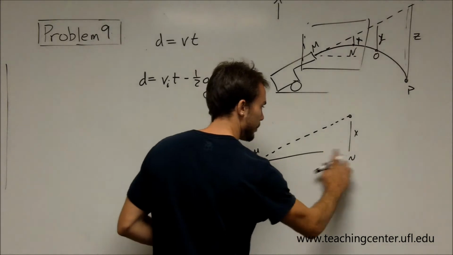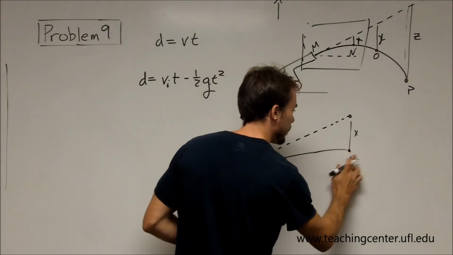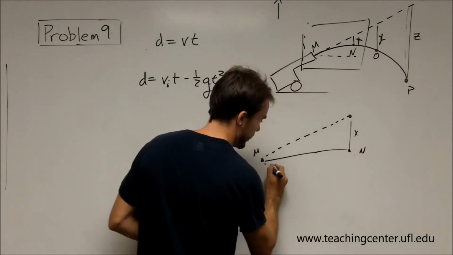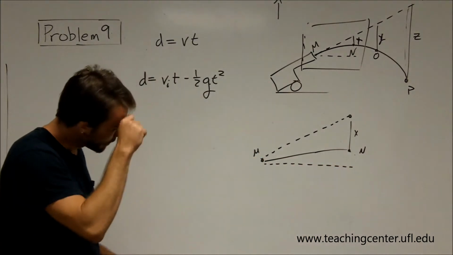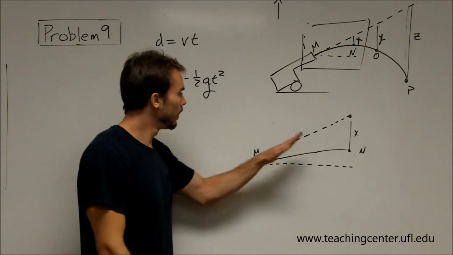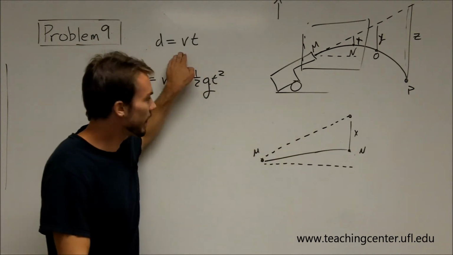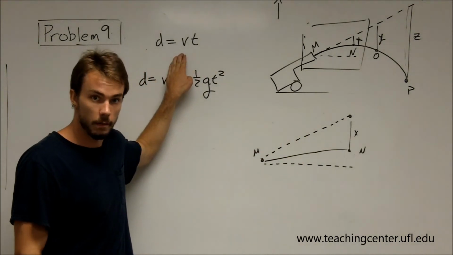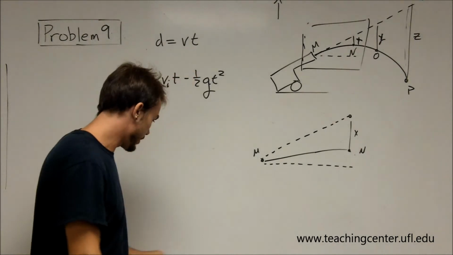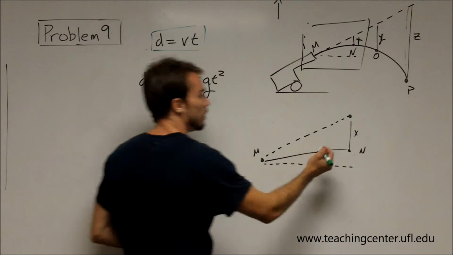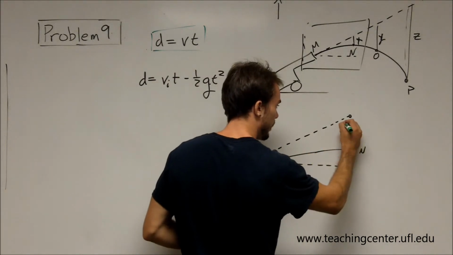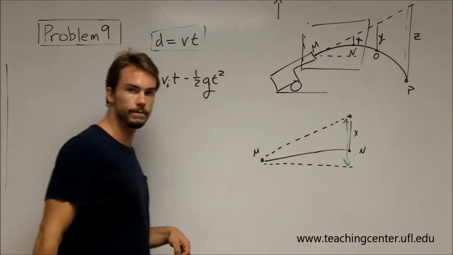Let me make this a little more clear. This is just a straight horizontal. We have a couple different things going on. This term right here would be the vertical displacement if there was no acceleration. That's it right there.